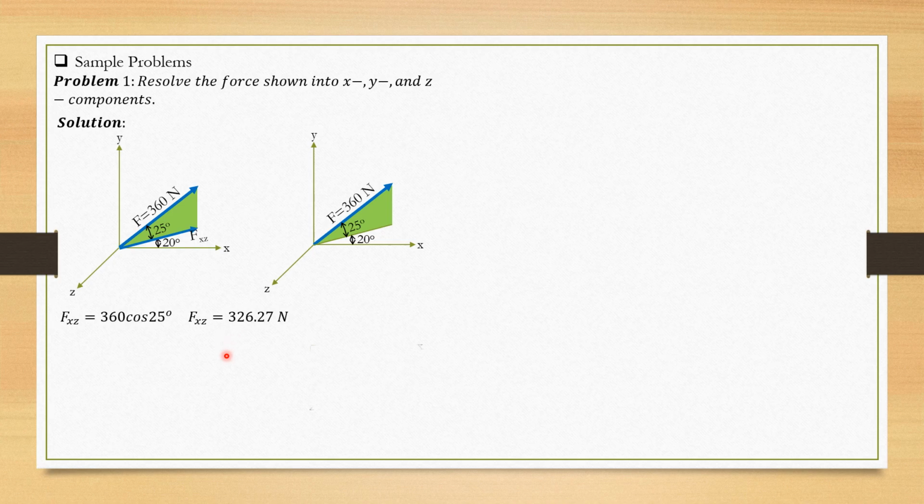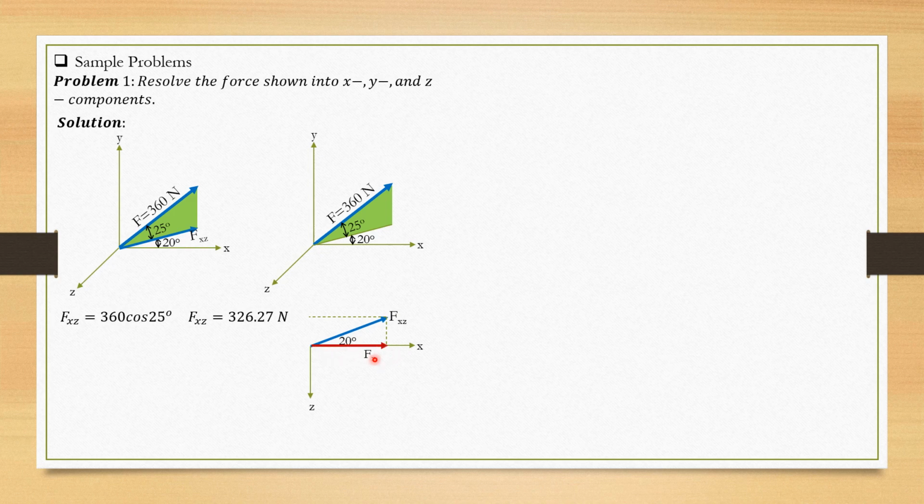Then we draw the top view. So the x-axis, the z-axis, and Fxz is in this direction here, making an angle of 20 degrees with the x-axis. So forming the right triangle, or the box, drawing lines parallel to the z and the x-axis, so that we can analyze Fx.